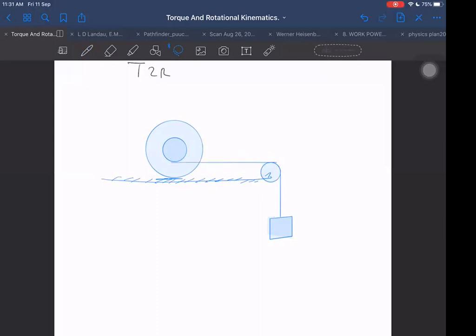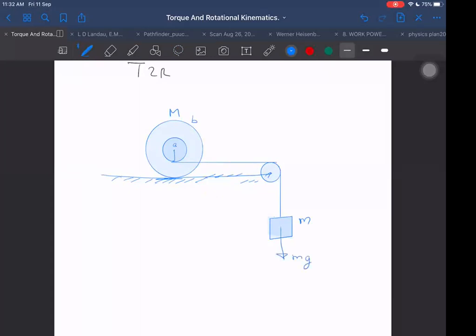This is a spool of mass m, and inner radius is a and outer radius is b, let us say, and this is some other mass small m, and we want to find out the accelerations.